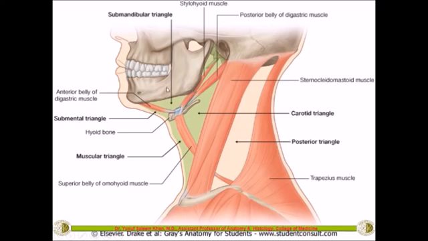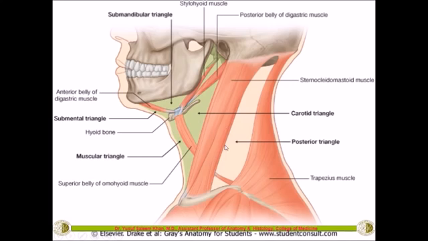Then we have to remember three bones: mandible, hyoid bone, and the clavicle, and four muscles. One is the trapezius, then the sternocleidomastoid, then the omohyoid, superior belly and inferior belly, and the fourth is the digastric, anterior belly and posterior belly. If you remember this, and if you remember this picture, you can write the boundaries of any triangle.